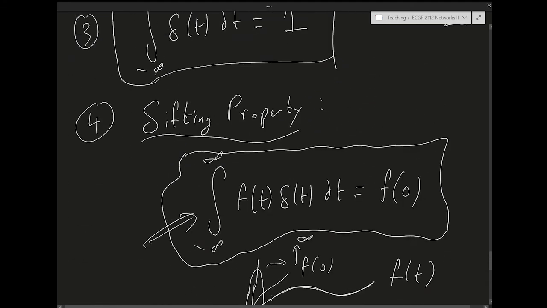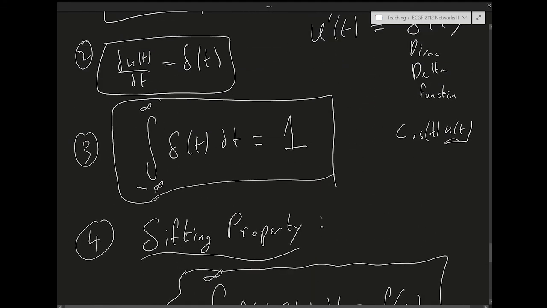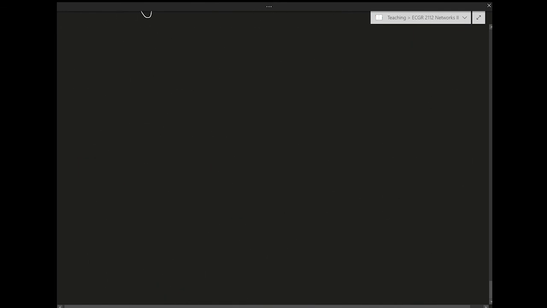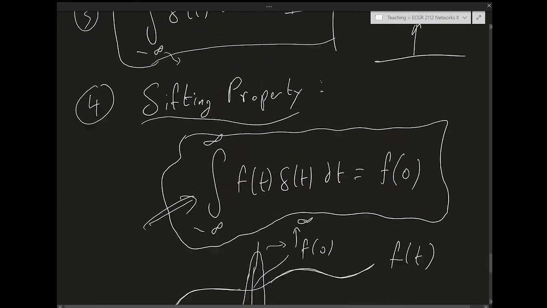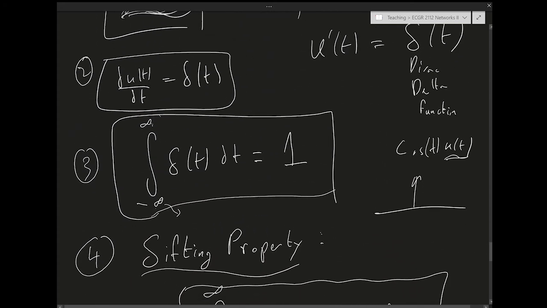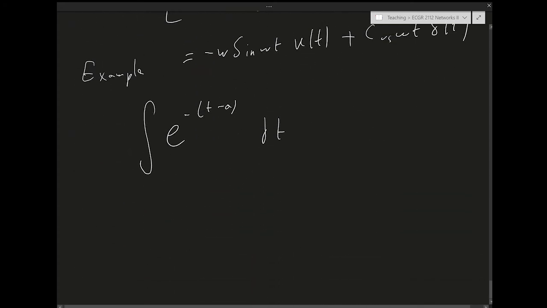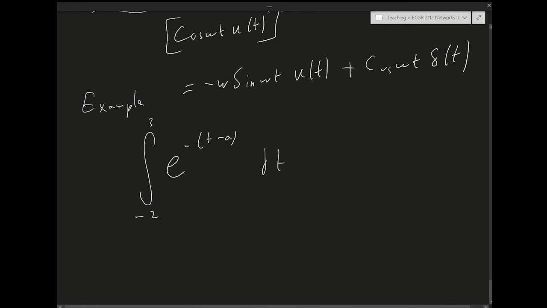It can be from any negative constant to any positive constant. It doesn't matter, because delta t anyway is 0 everywhere, so the limits could be relaxed. The only constraint is that the lower limit should be negative and the upper limit should be positive. So let's say I'm integrating this from minus 2 to 3, and there's a delta t here.